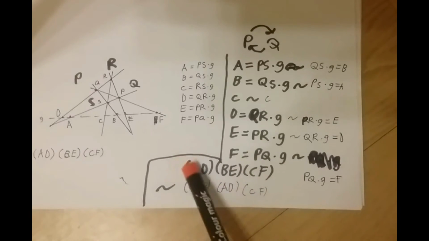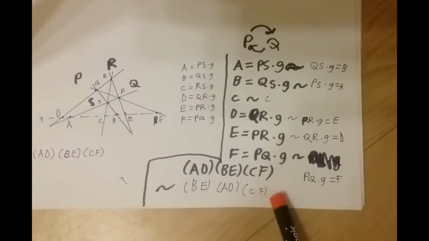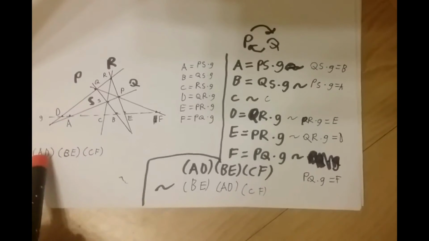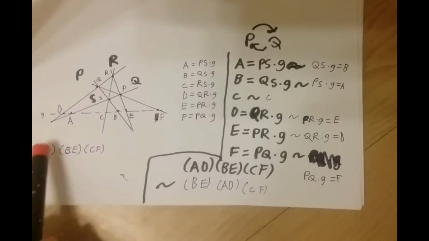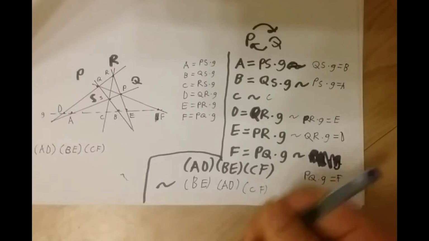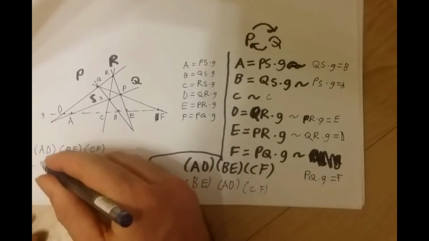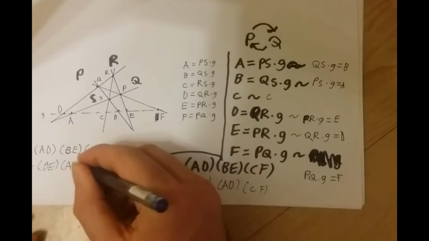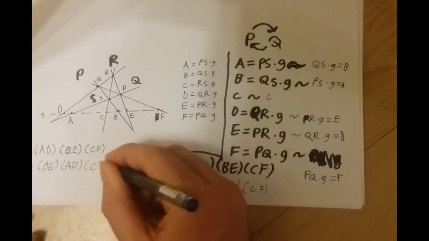So we see that this basically is equivalent to this. So what this is essentially saying is that this notation here is invariant if we swap round this first and second pair. So this essentially is equivalent to writing BE, AD, CF.